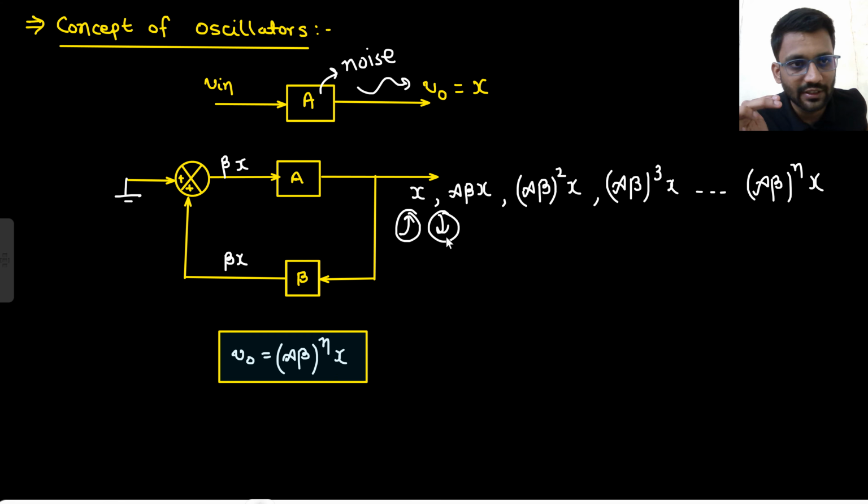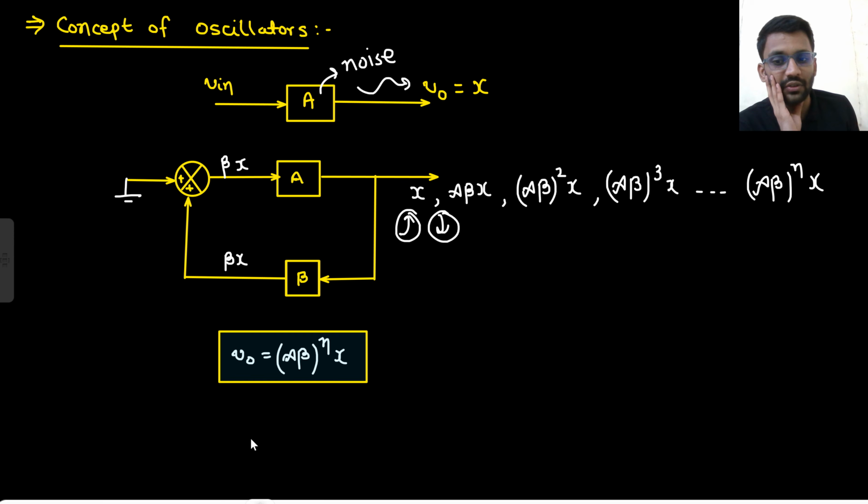If you need 0 degree phase shift, that means whatever amplifier you are having, you need to connect that particular amplifier in positive feedback to get a 0 degree phase shift. So that's why for getting an oscillatory output, first thing is that the mod of A beta, the mod of loop gain, should be equal to 1 and there should be 0 degree phase shift in the loop.